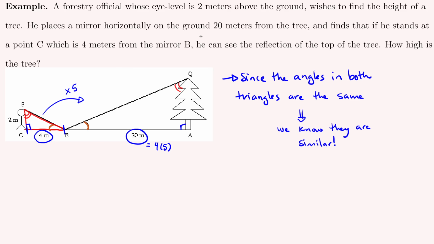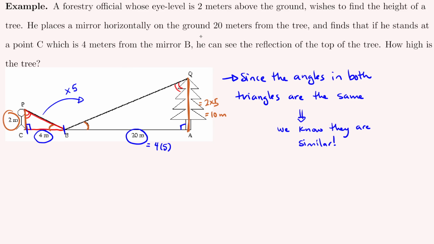So with that in mind, if you know the smaller triangle has a vertical height of 2 meters, what does that mean our taller triangle would have a height of? It would be 2 times 5, which is 10 meters. So the tree is 10 meters tall.